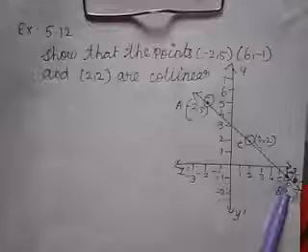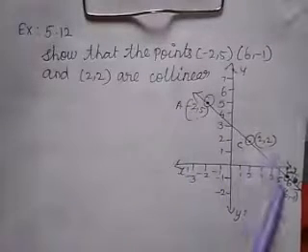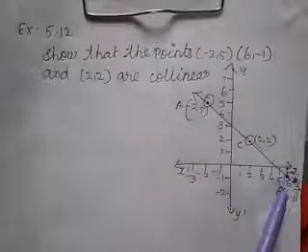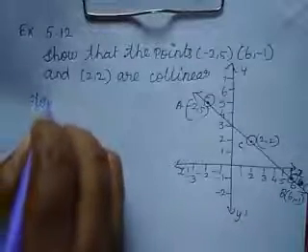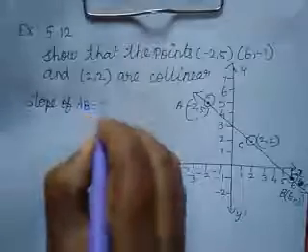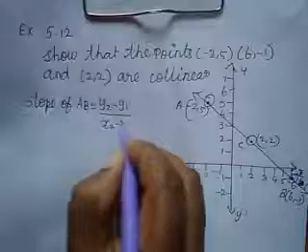So we want to prove slope of AB is equal to slope of BC, or slope of AC is equal to slope of BC. So find slope of AB. Slope of AB is equal to y2 minus y1 by x2 minus x1.